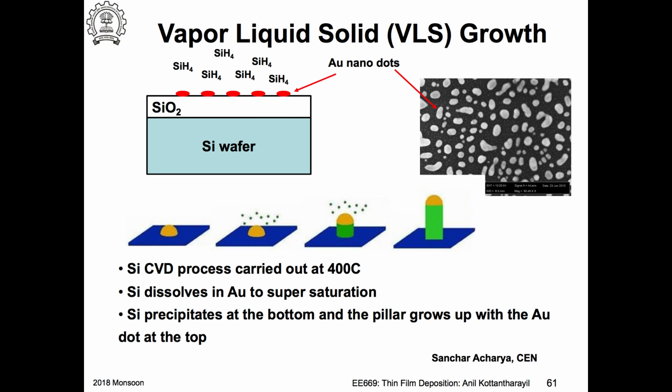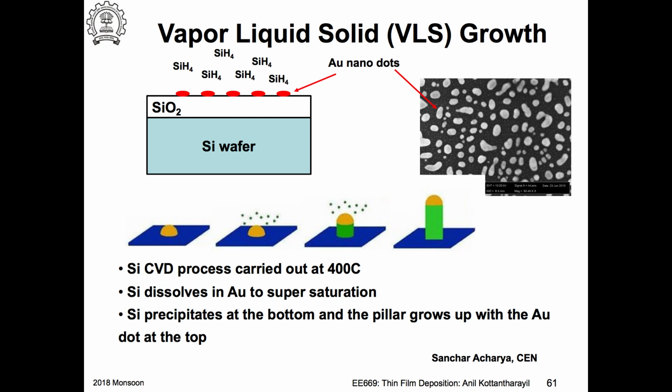So the mixture would have a lower melting point, and then you can form a eutectic and so on, right? So basically this mixture would actually melt at a lower temperature than the melting point of gold and that of silicon also, right?